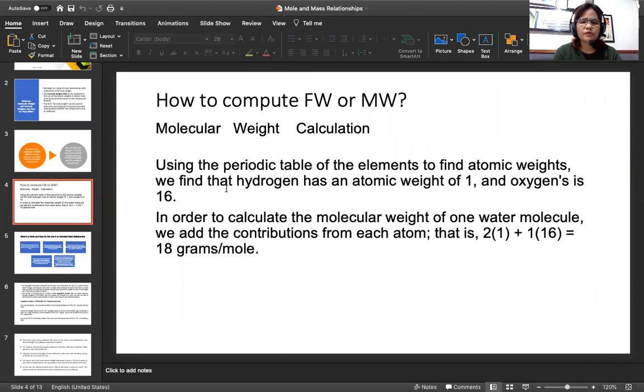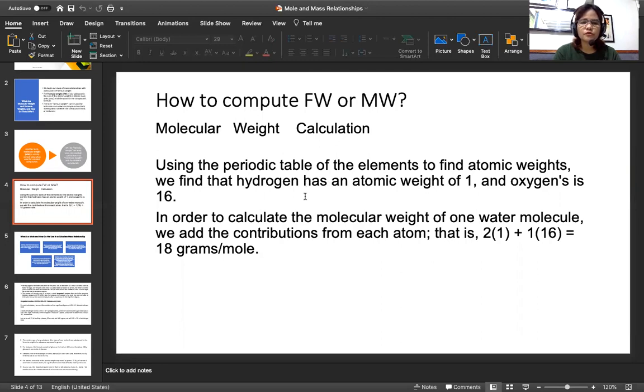So you use the periodic table of the elements to find the atomic weights. The word atomic weight is also sometimes called atomic mass. If you look at the atomic weight of hydrogen and oxygen in the periodic table, hydrogen has an atomic weight of 1 and oxygen has an atomic weight of 16.